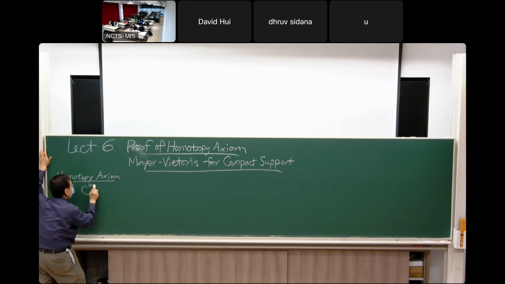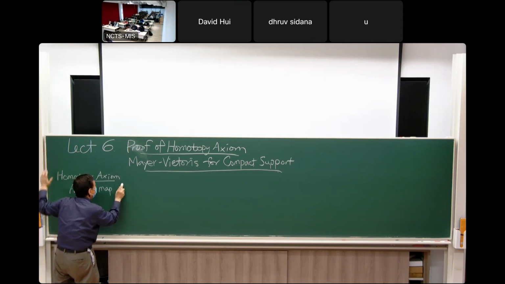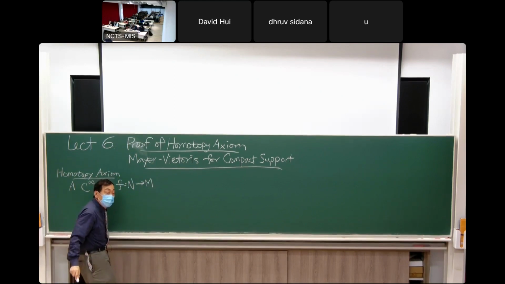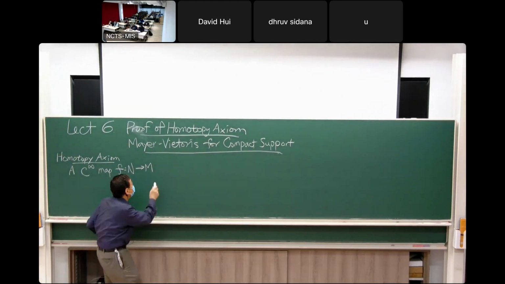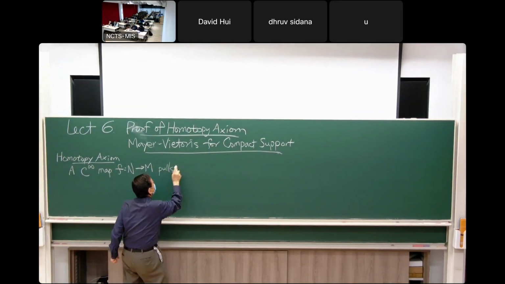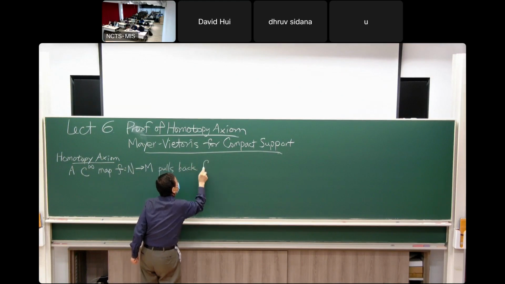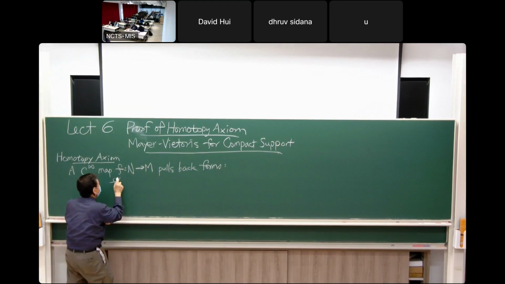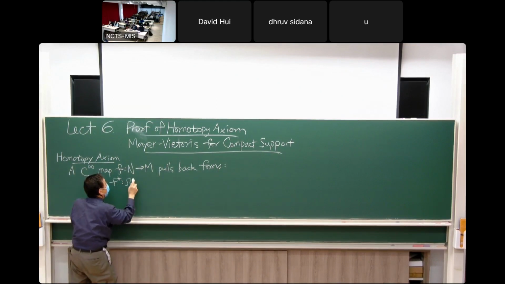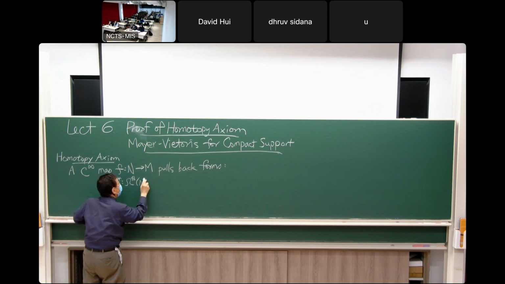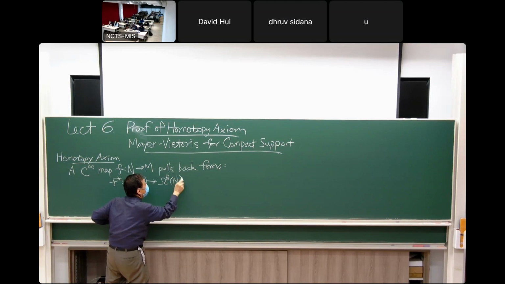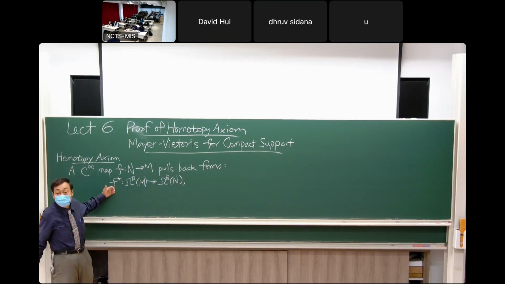Okay, now we all know that a C infinity map of manifolds pulls back differential forms. And this pullback map commutes with the exterior derivative.